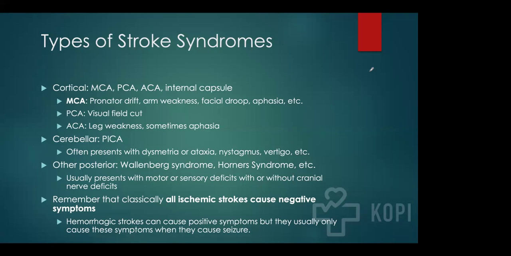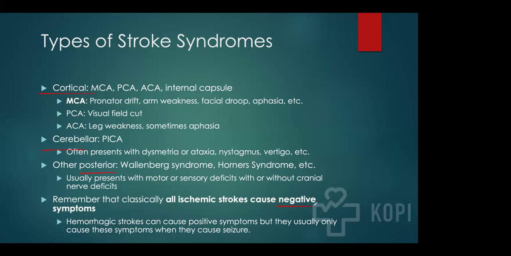Cortical strokes are very complicated, but can occur at the MCA, PCA distribution. Those are probably the most common. Internal capsular strokes also cause weakness, and can commonly be concerning initially for brainstem strokes. There are cerebellar strokes that cause discoordination. There are also other posterior types of stroke syndromes.